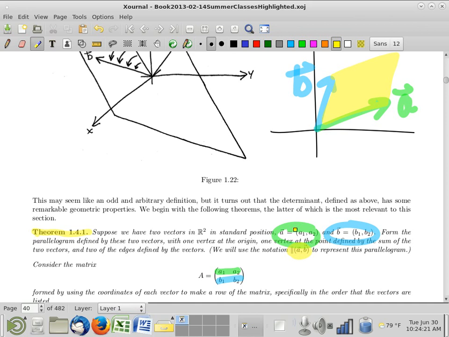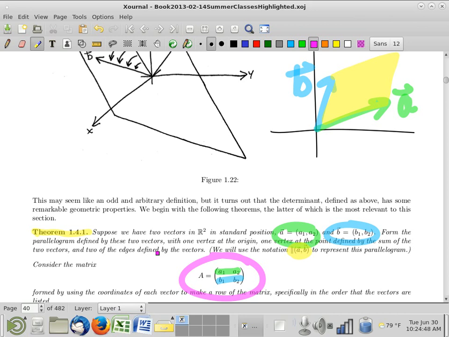Be aware. Okay, so the weird thing is that this matrix, the matrix that you get by arranging the coordinates of the vectors as a matrix, versus the parallelogram that you get by looking at the geometric vectors, there's surprisingly a strong relationship between the matrix and the parallelogram.